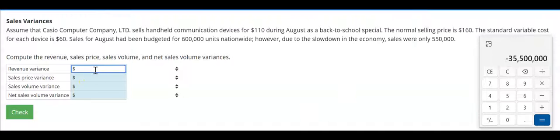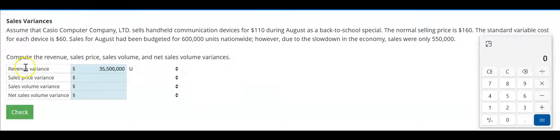Let's go ahead and plug that in. Unfavorable. Perfect. It's important to recognize that this is a very large variance. I'm pretty sure this is the right answer, but we want to break this down very simply.